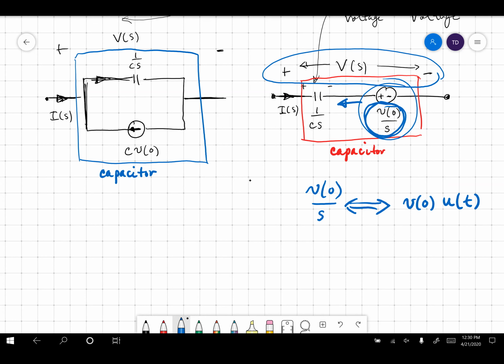Now, it's a unit step function, but that step function is not going to hang around forever because it's immediately going to go through this here. And that's why it doesn't hang around forever. What does this look like in the time domain?